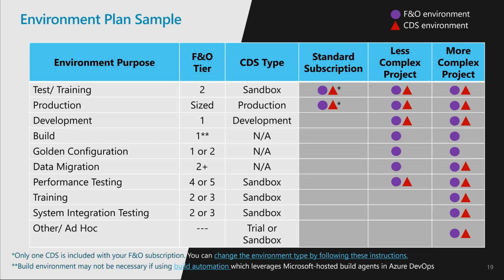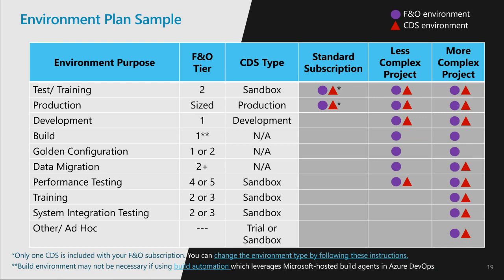As the standard cloud offer only includes two F&O environments, Tier 2 and production, which is not sufficient for an implementation project. So you need to plan for additional environments based on what kind of tests and activities need to be conducted. So for the less complex project, you may use standard Tier 2 sandbox for the test and the training.